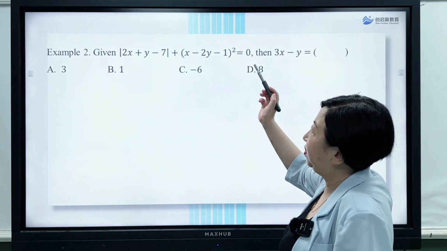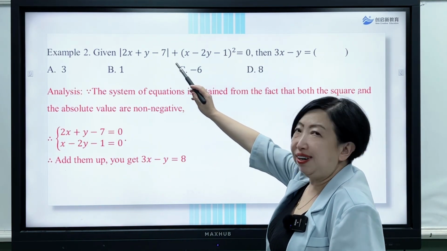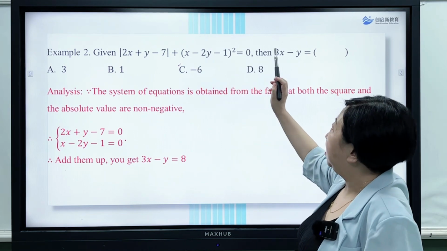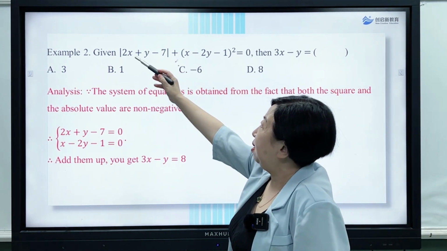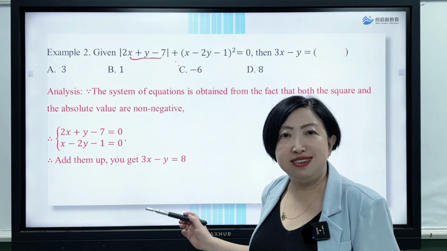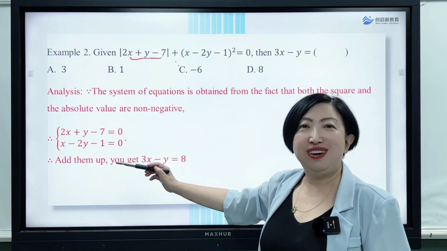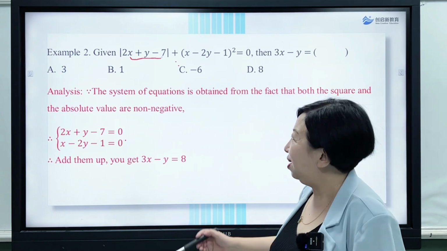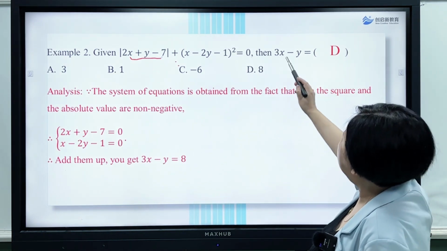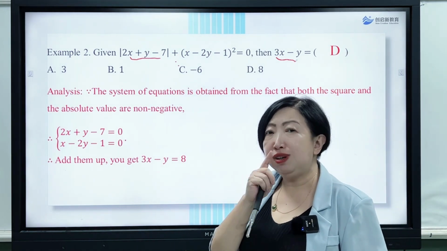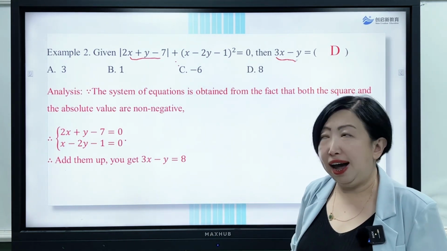Here is also an absolute value and a square, and the sum equals 0. We can get that this one is 0, and this one is 0. We don't need to find x or y.